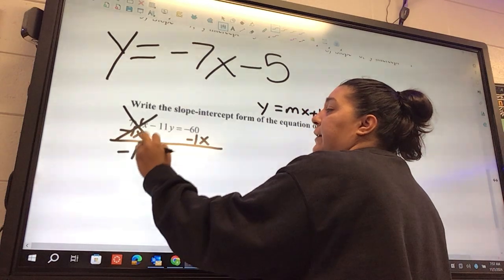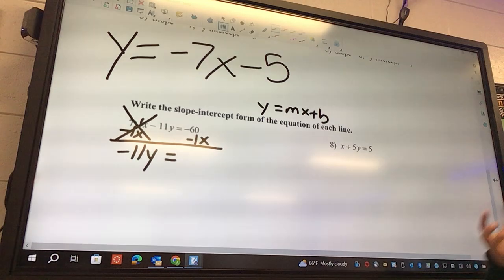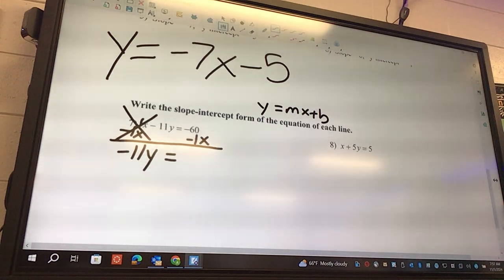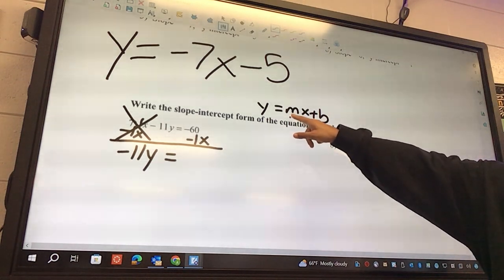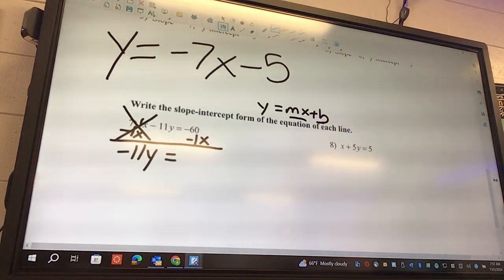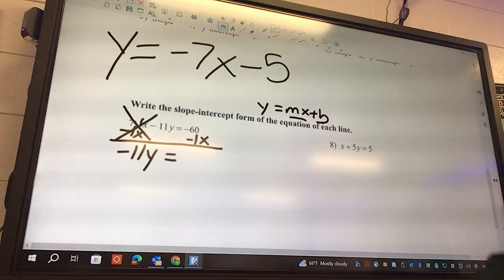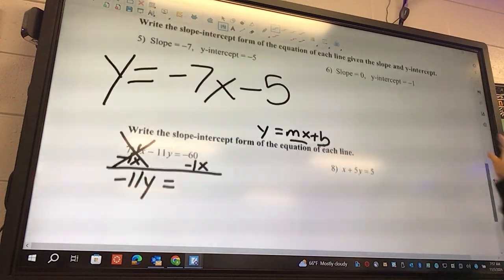All right, so I got negative 11y equals, and this is the kind of tricky part. Do we write the letter with the x first or the number first? According to the formula, which one should be first? Look at this problem.